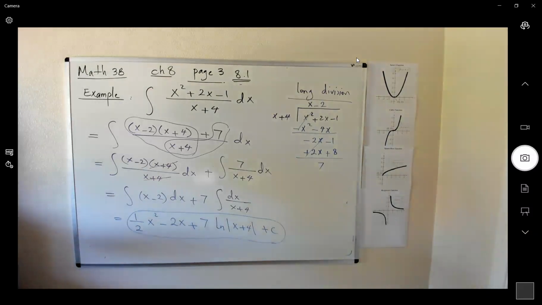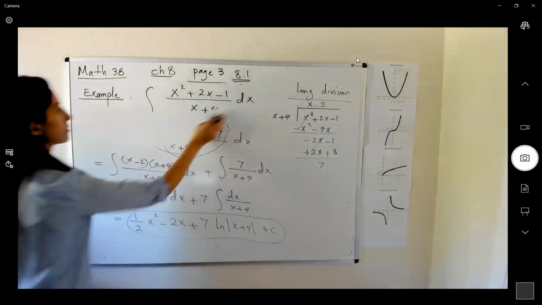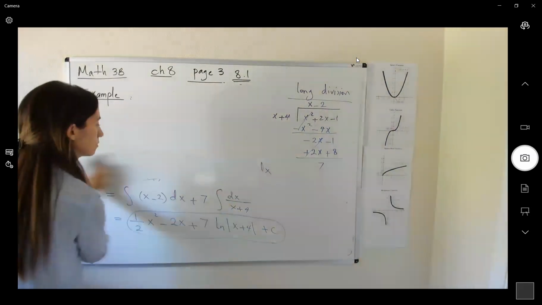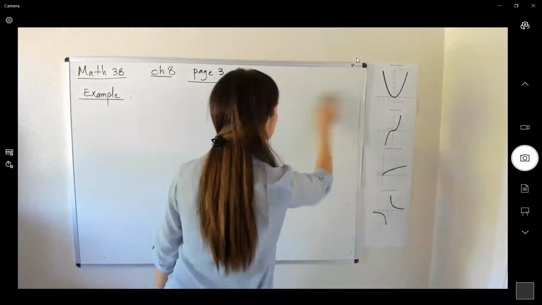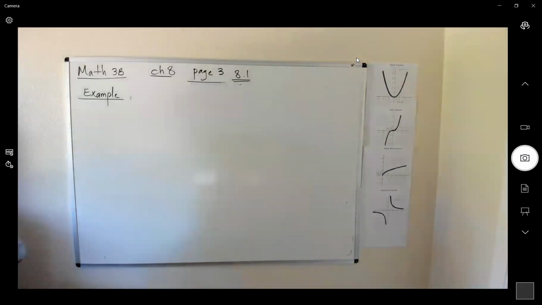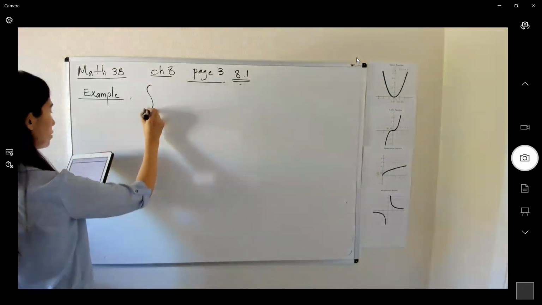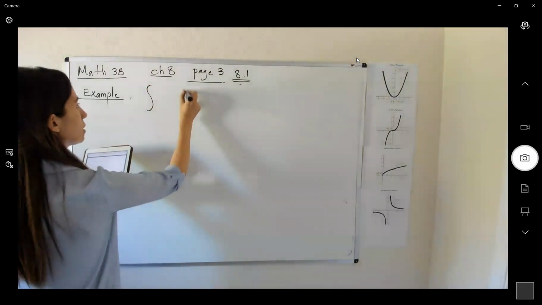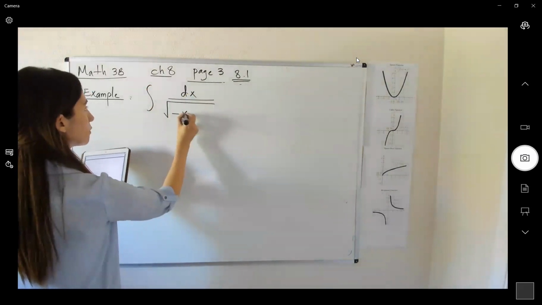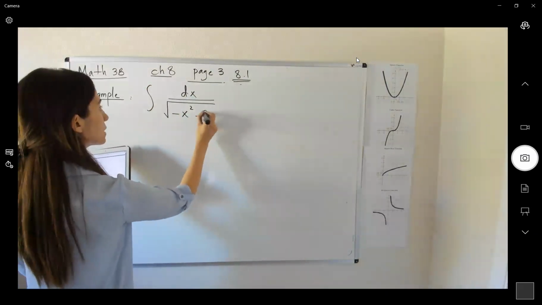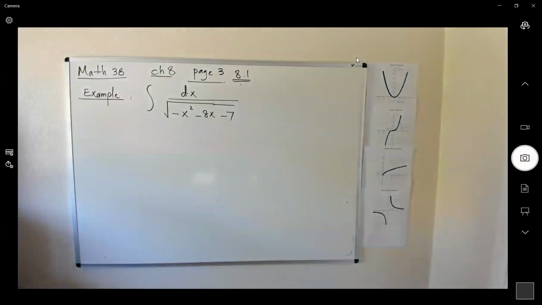Next example. Very well. This example says you have the integral of dx divided by the square root of negative x squared minus 8x minus 7.